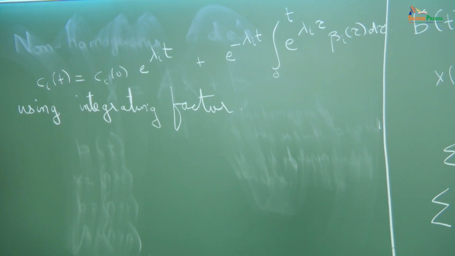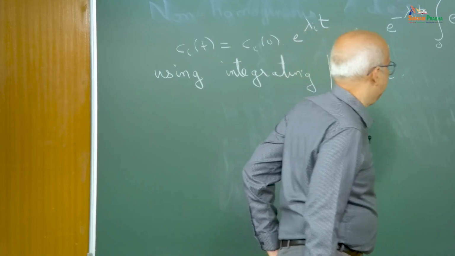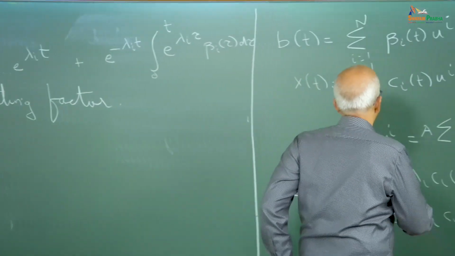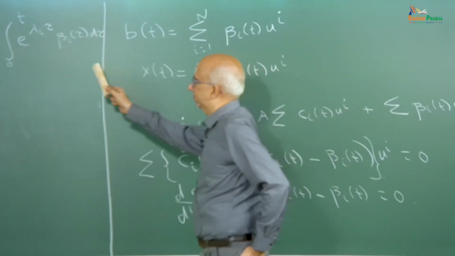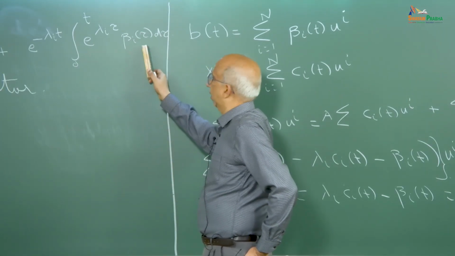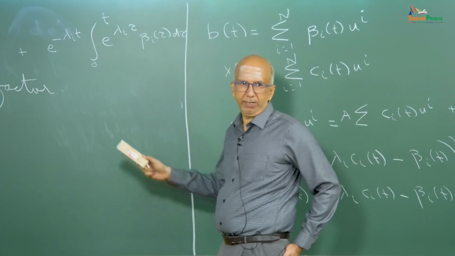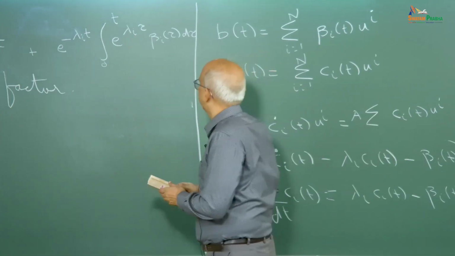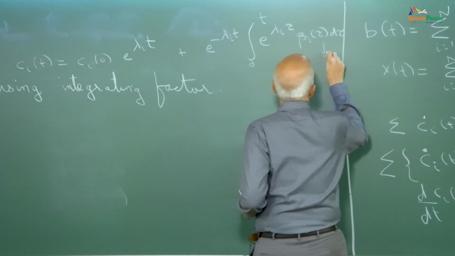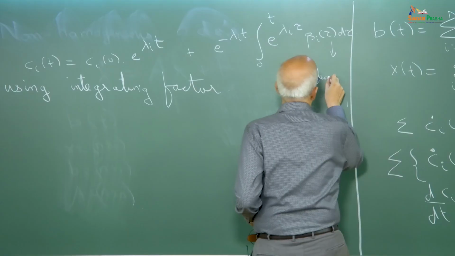So, you should do that and see if you get this. So, each of the c_i of t is known. So, I know c_i of t is given by this, but what I want to do is, so given a particular beta, so what is tau? Tau is just a dummy variable, okay. I am integrating from 0 to t. So, this is just tau is a dummy variable.